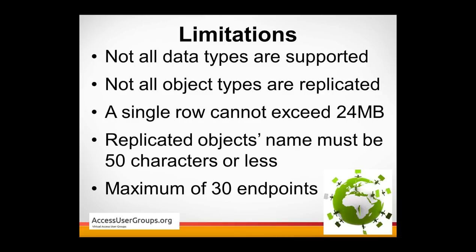Also, a single row cannot exceed 24 megabytes, and large amounts of information cannot be replicated. So it's 50 characters or less. And most importantly, the last point here is the maximum of 30 endpoints. That means you can have 30 persons or entities involved, up to but not exceeding 30.